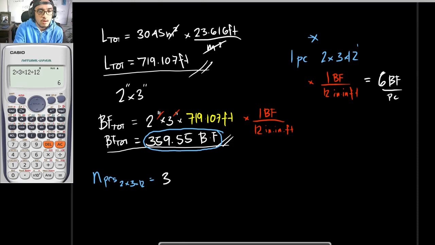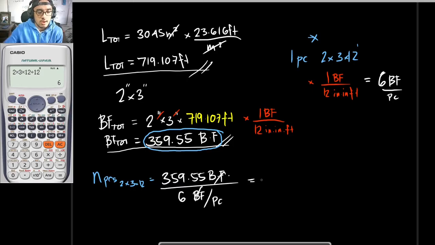So from that, 359.55 board foot divided by 6 board foot per piece. The board foot would cancel out, and ultimately, our answer here would be 59.925 pieces.